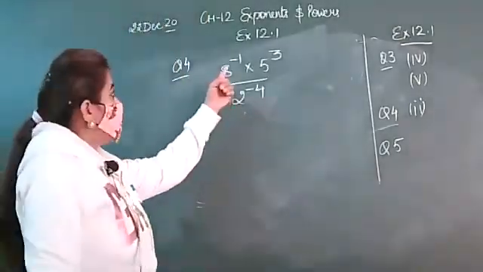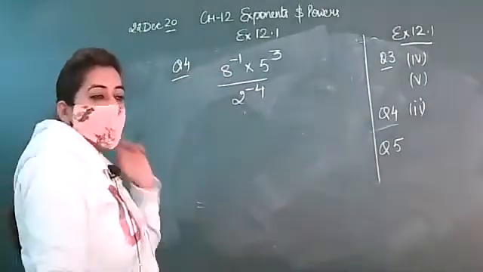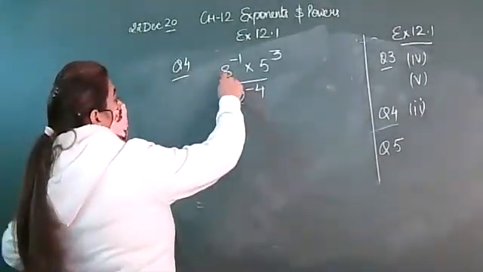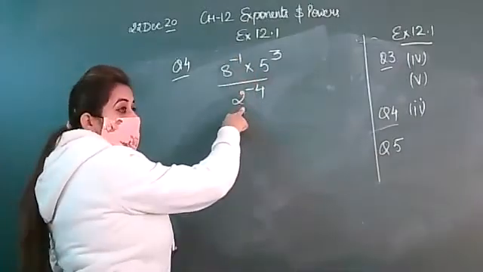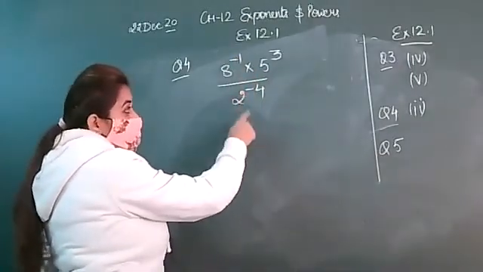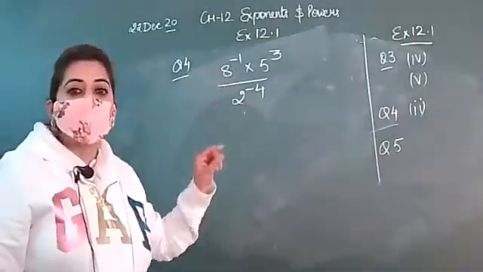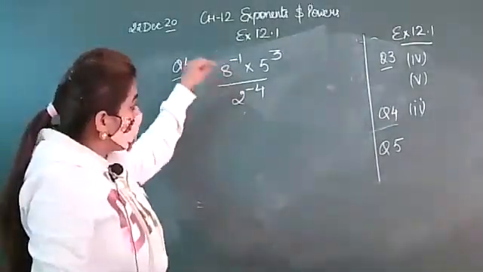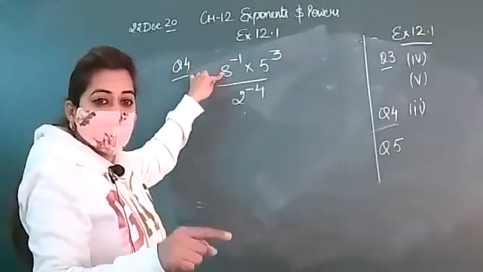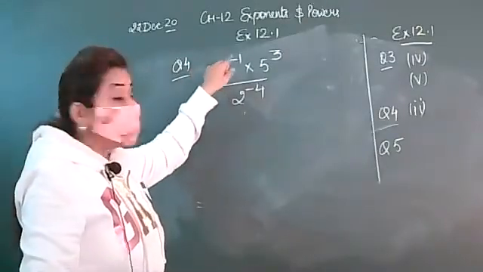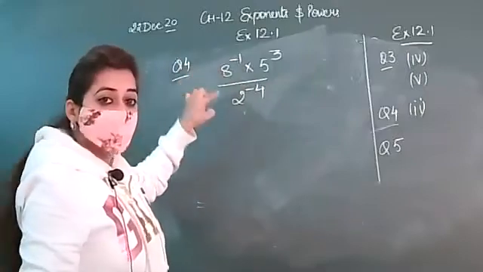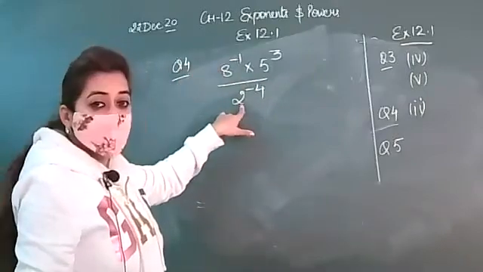Yes. Question number 4, first part I have written. As you can see that 8 is having a negative power, 2 is having a negative power. So if you make the reciprocal of these terms, the power will become positive. As you can see that 8 is in the numerator. So if you make the power positive, then it will be shifted to the denominator. 2 is in the denominator.